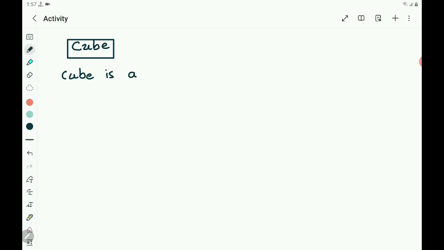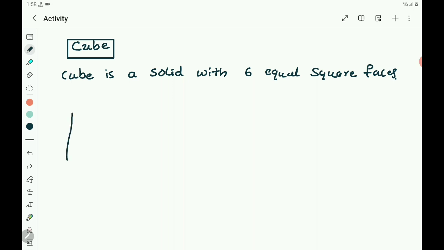Cube is a solid with 6 congruent square faces, or 6 equal square faces. So first you draw the figure of this cube.